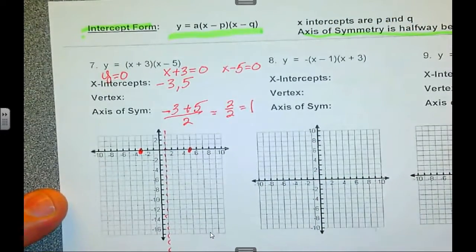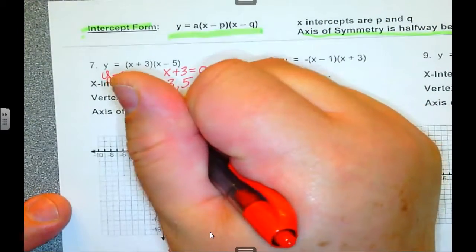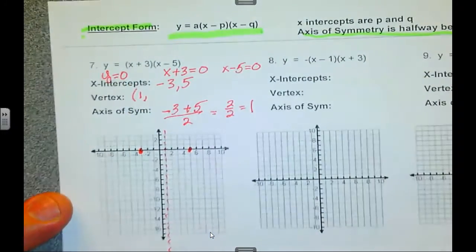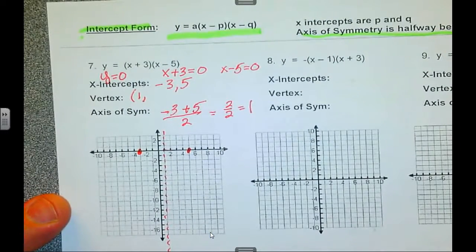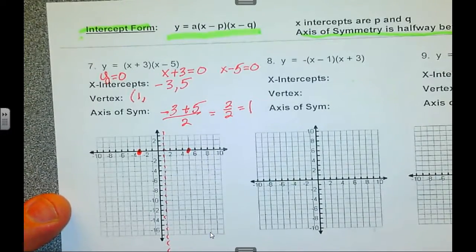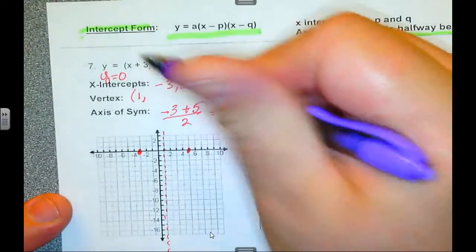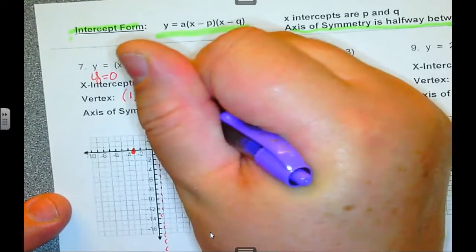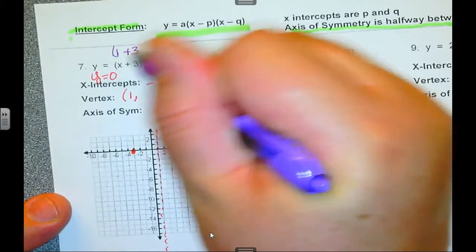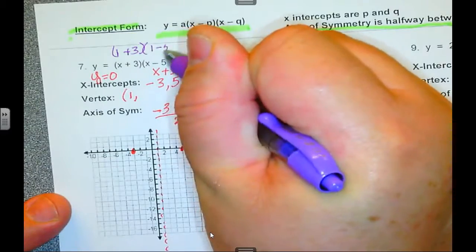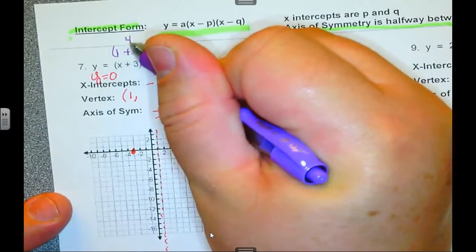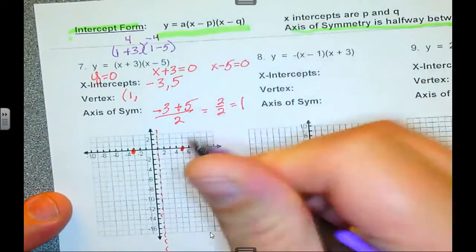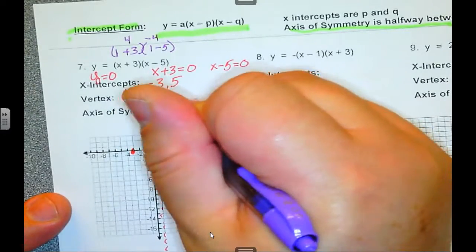What's my vertex then? We know that the x value is 1. You have to plug it back in, right? So I've got 1 plus 3 times 1 minus 5. I get 4 times -4, which is -16.